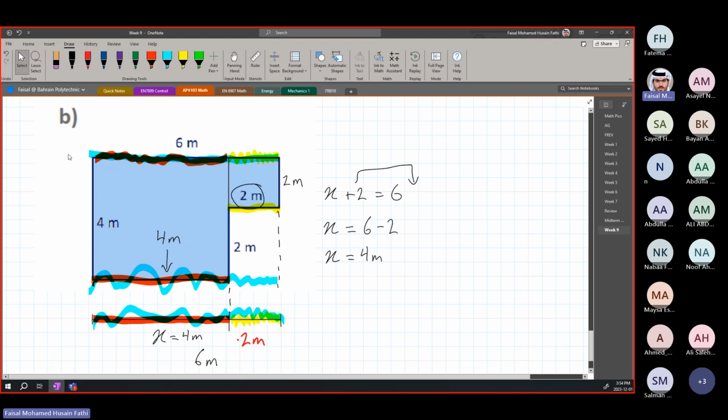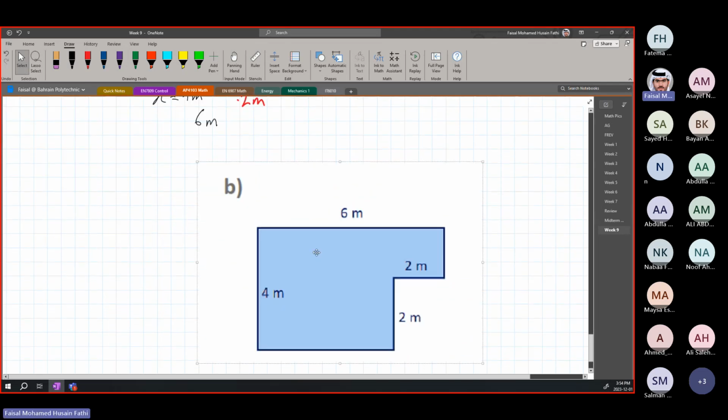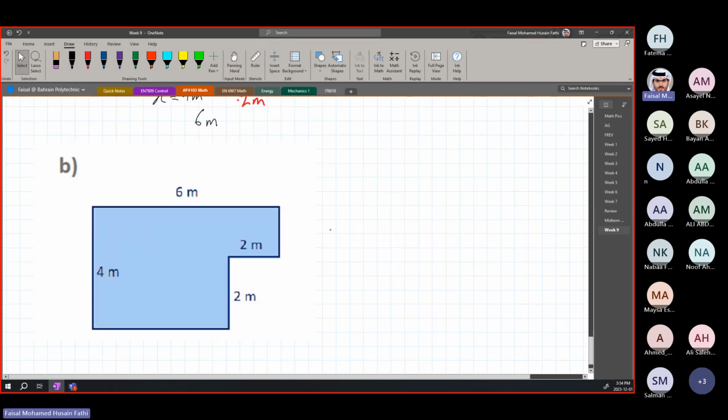And now we found out all the sides, and now we can find the perimeter. We found out that this side earlier was 2 meters, and this side now is 4 meters. Now we have all the sides.